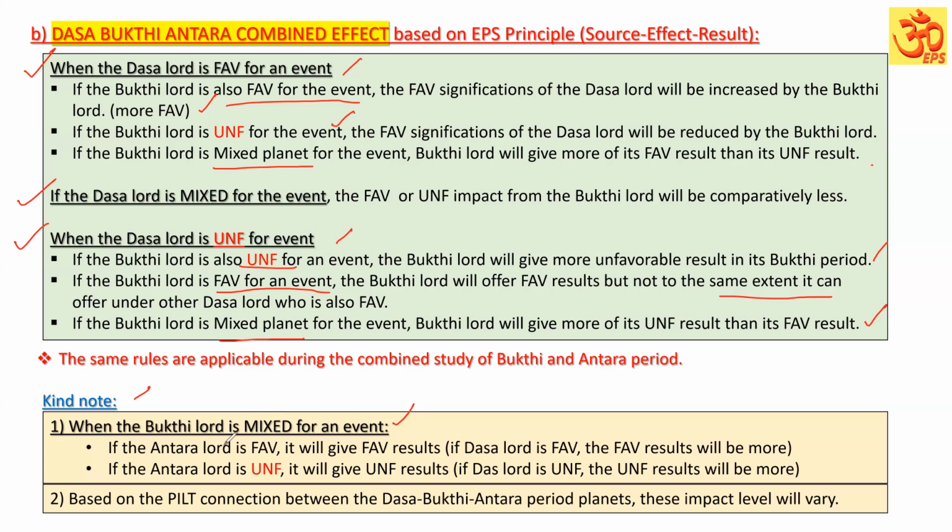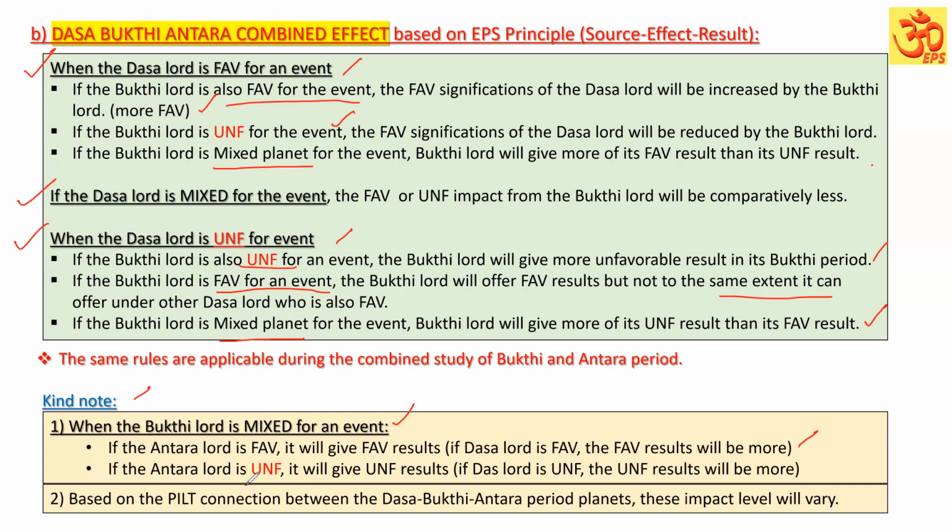Please note, when the Bugdi Lord is mixed for an event, if the Antra Lord is favorable, it will give favorable results under the Bugdi Lord. If the Dasa Lord is also favorable, the favorable results will be more. It means Dasa is favorable, Bugdi is mixed, and Antra is favorable. It is going to be good.